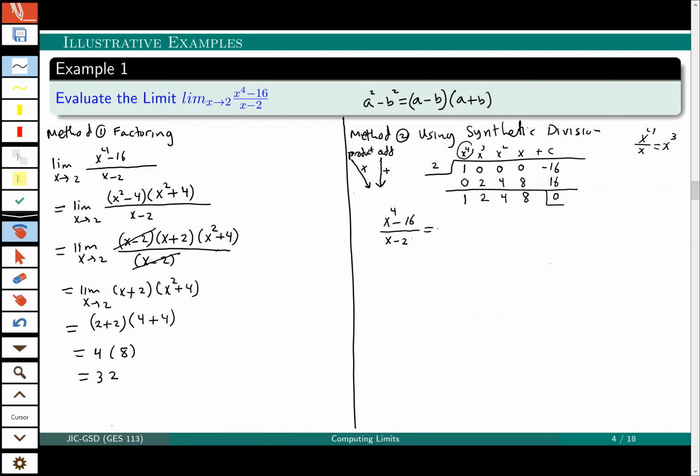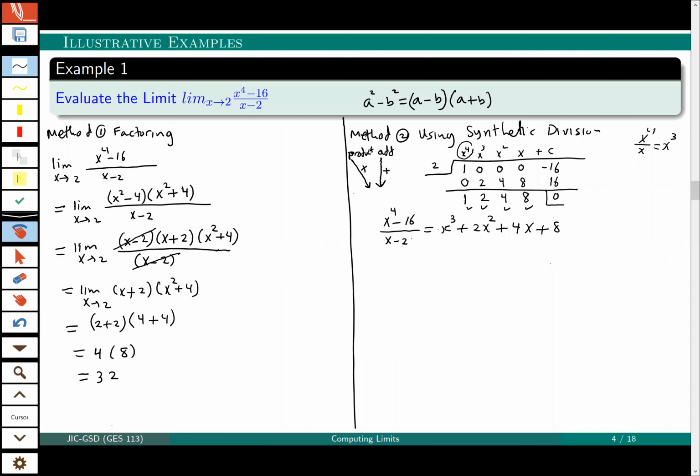So either we write the result of the division, x to the power 4 minus 16 divided by x minus 2, it is x to the power 3 plus 2x to the power 2 plus 4x plus 8. Of course, these are coefficients, and our x will start from largest to lowest.